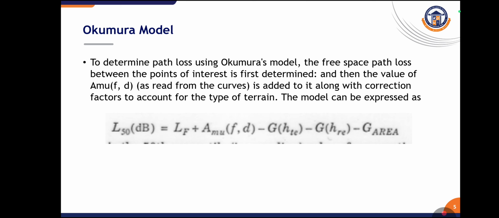The model can be expressed as L50 in decibels equals LF plus AMU minus GHTE minus GHRE minus GAREA. This is the formula to determine the path loss using Okumura's model in a terrain region.